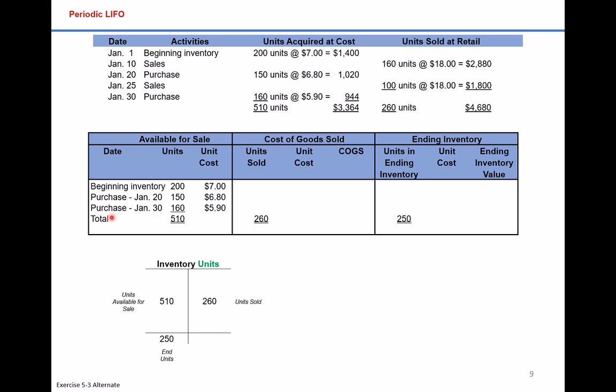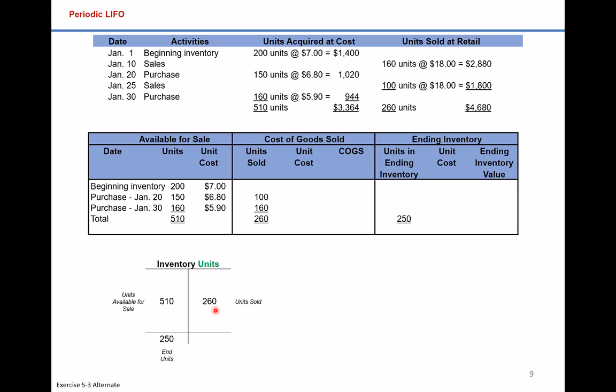So we're definitely going to start with the January 30th purchase. Out of the 260 that we sold, 160 was available here. So we're going to get rid of all those, right? How many more are we still looking to account for? Well, we sold 260, we've accounted for 160, we need another 100. We'll take those out of the January 20th layer, and now we've accounted for all the items that were sold.